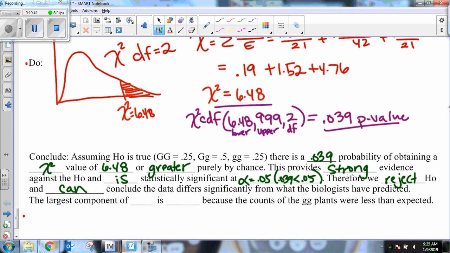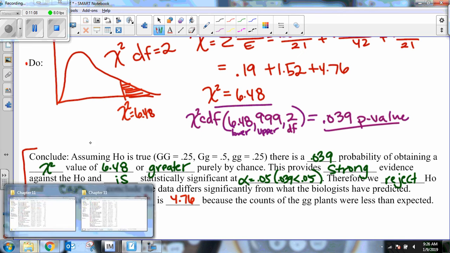So I say that the largest component of chi-squared is 4.76 because the counts of the GG, lowercase, plants were less than expected. Remember, there were 11 observed, but we expected 21, so that's much less than what we expected. So in a goodness of fit, whenever you reject, this would be your full conclusion. You want this extra sentence in here that goes a little bit further.